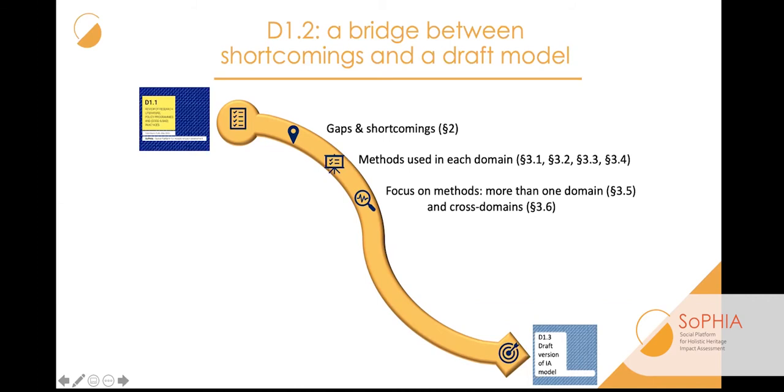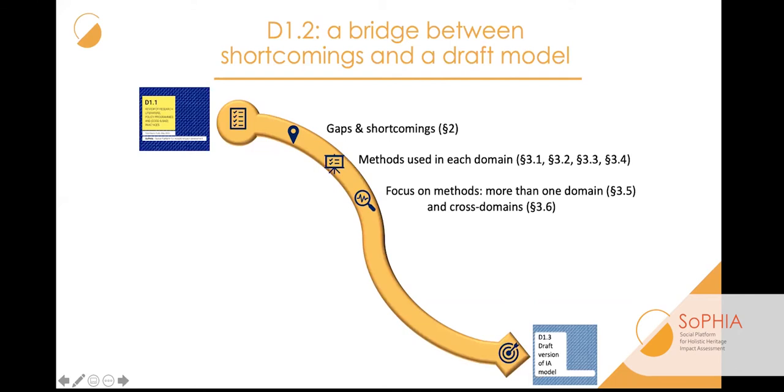But then we moved on, to find a better linkage that could drive us to the drafting of the holistic impact assessment model. We sought a way to facilitate this connection between the existing body of knowledge and what we are going to propose.